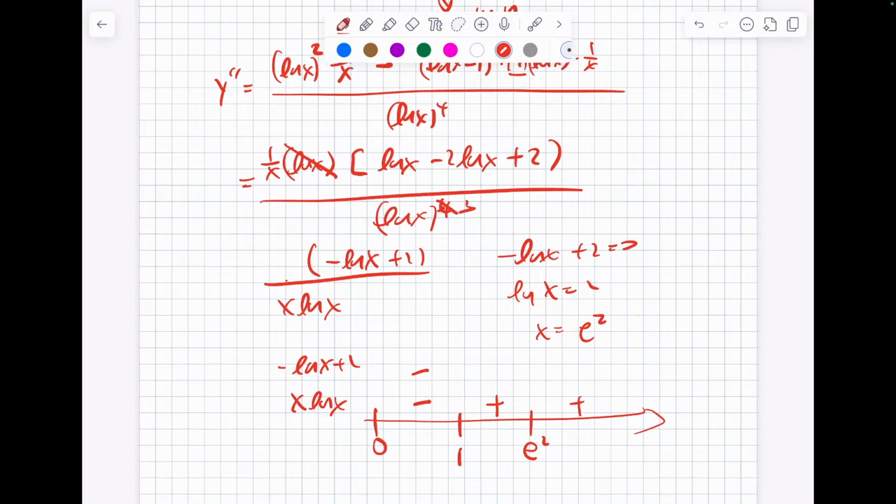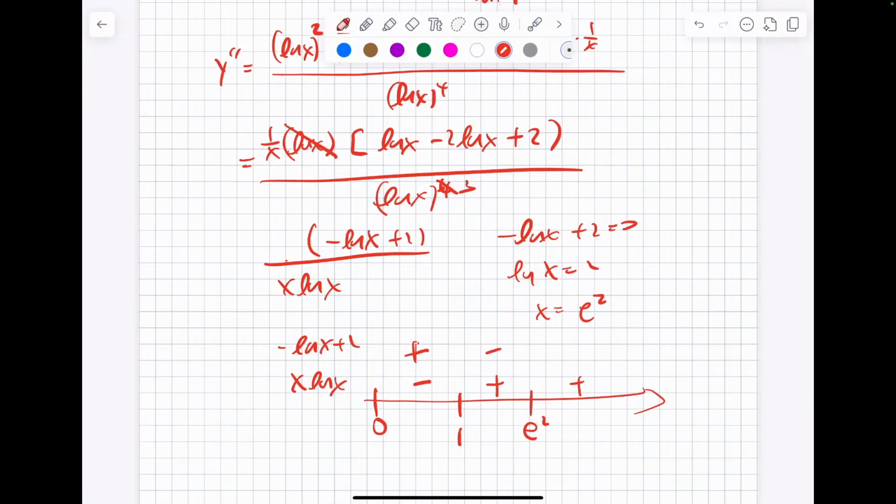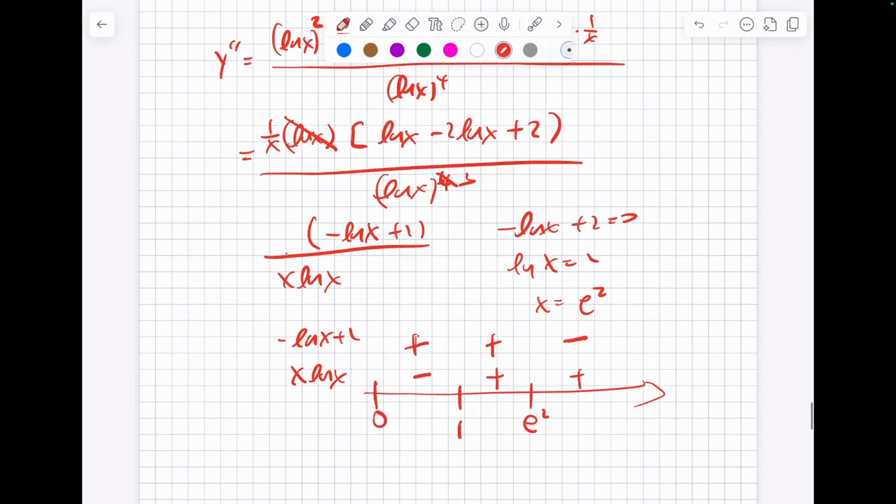This is negative. Hold on. This is a positive, right? Negative times negative, positive. Positive. And negative. So it'll be negative, positive, negative.